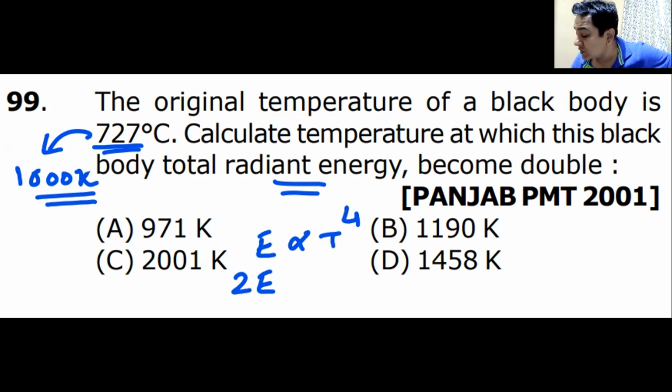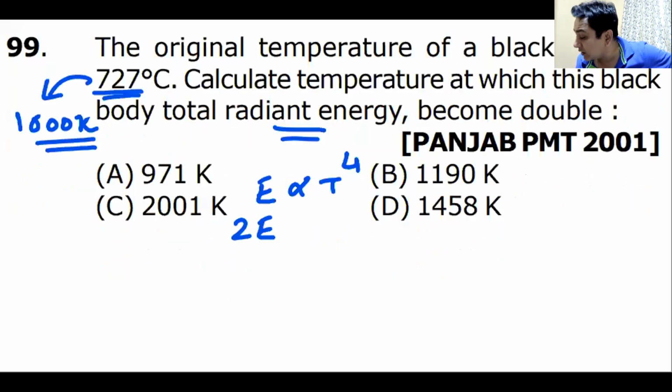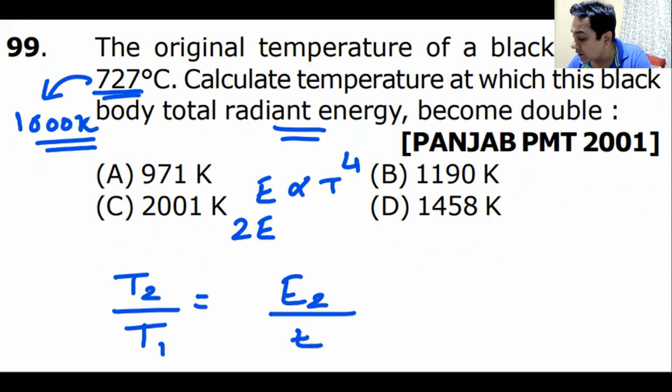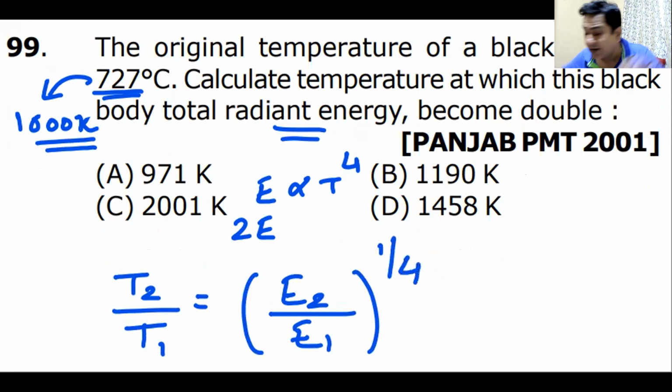So I can write this equation in this fashion: T2 by T1, final temperature by initial temperature, would be E2 by E1 raised to the power of 1 by 4. Do we understand this?